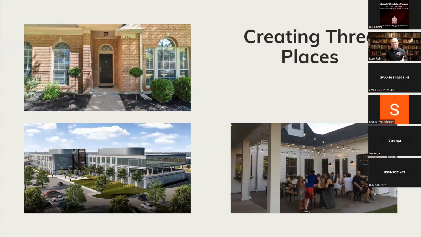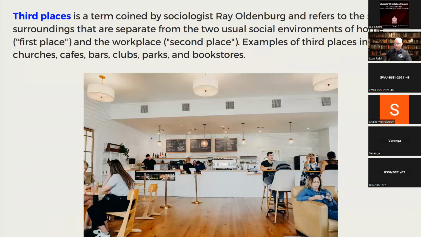But when we create a community, remember, I'm repeating myself again, we create places where people live, work, and play. In order to do that, we need to create what we call three places. If you think about it, in your life, there's three things that you do. There's a place where you live, a place where you work, but a lot of cities or companies or countries don't have what we call the third place.